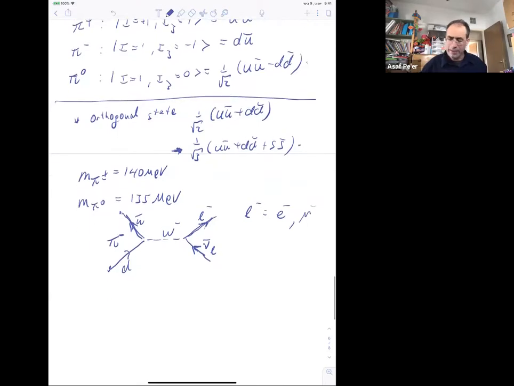We end up with a tau that decays into a neutrino tau, and then a down and an anti-up, which together form the pion. So it's the same diagram that describes both the decay of the pion and the decay of the tau into the pion.